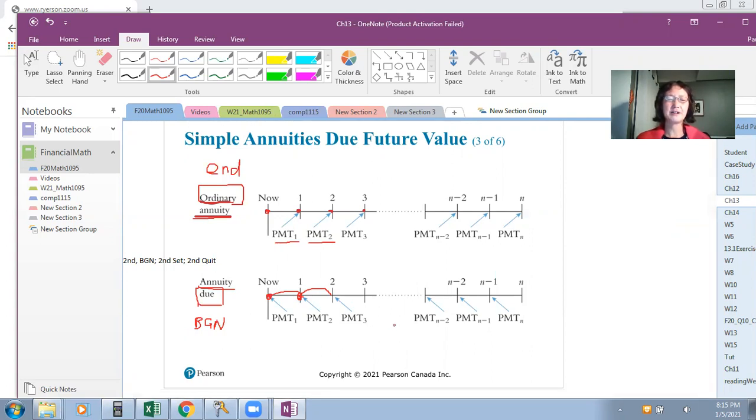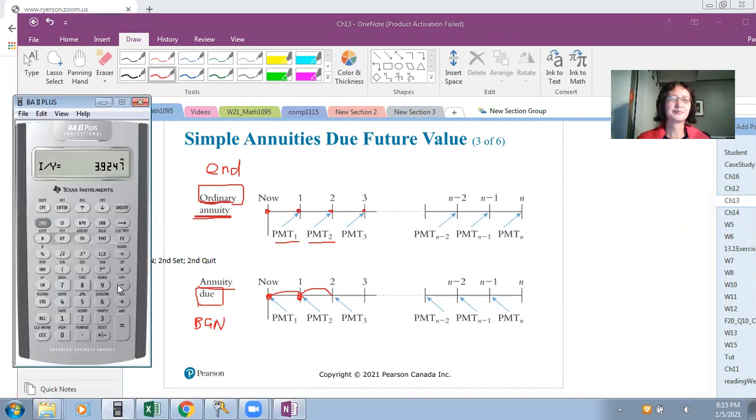For calculator, to convert end mode to begin mode, you use these steps. Second, quit. If nothing is displayed on top right corner of the screen, that means it is at end mode. Right now, I don't see anything here.